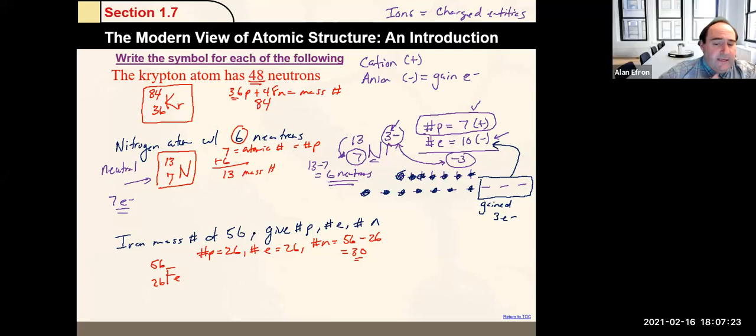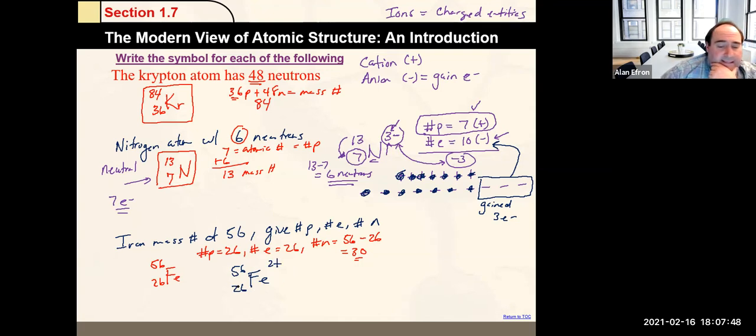Okay, so let's take a look at what happens if we do the opposite thing here, where it gains something with a positive charge rather than a negative charge. So let's just say we took our iron here, and again we'll go with kind of the same thing. So we'll go iron 56, 26, and let's go with a +2 charge in this particular case.